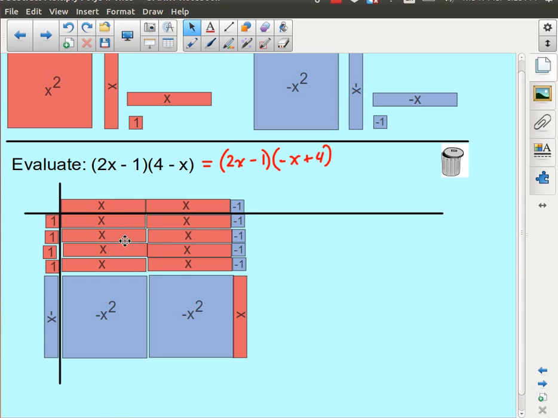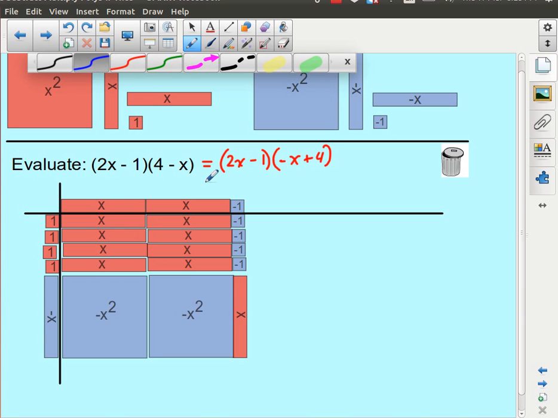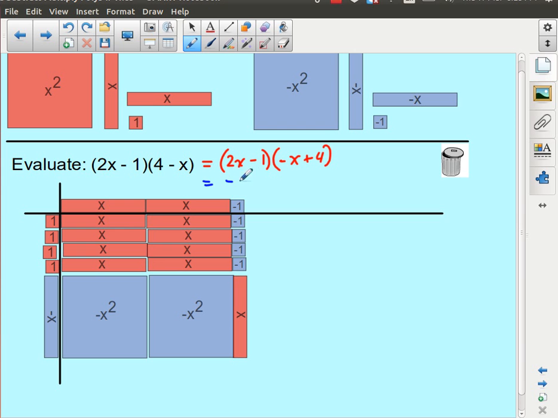First of all, check and see if there's any terms that you need to cancel out by adding to 0. There are none. I have my answer, which is equal to negative 2x squared, 9 positive x's, and 4.